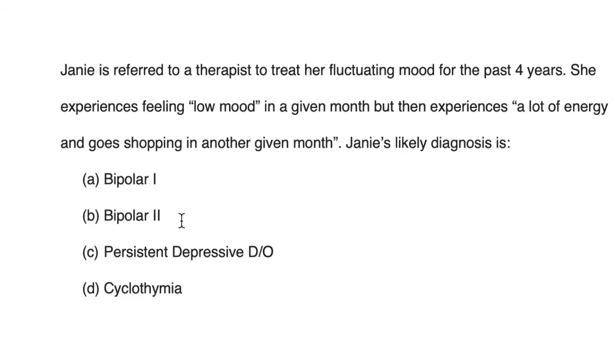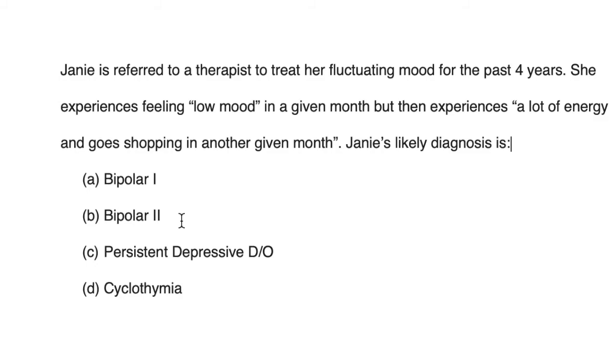So that doesn't seem like what is going on, because she's experiencing low mood and a lot of energy, but there's nothing in the vignette that says these are affecting her quite yet to the point where she's unable to manage symptoms from day-to-day life.